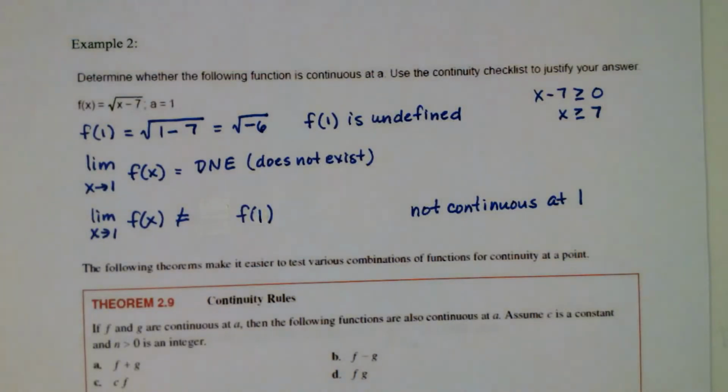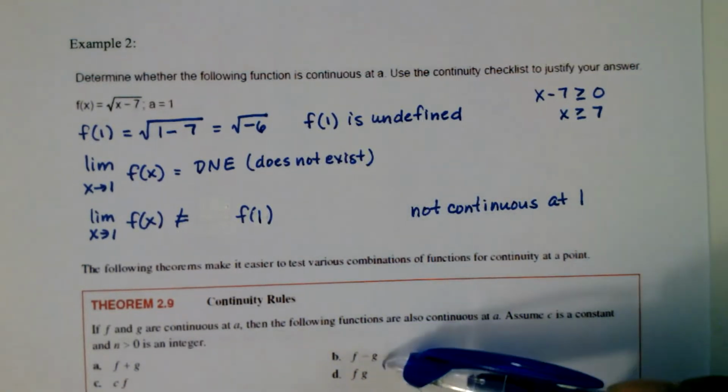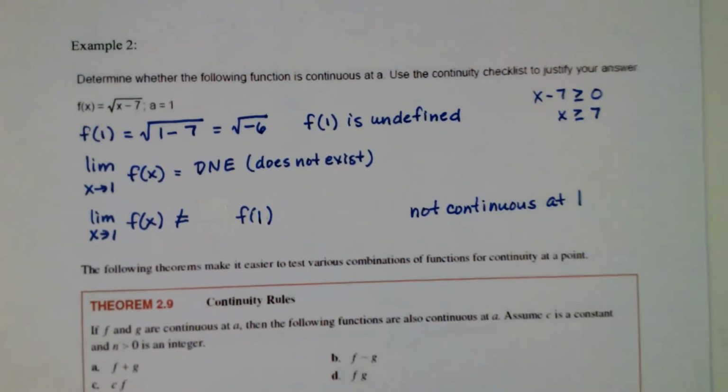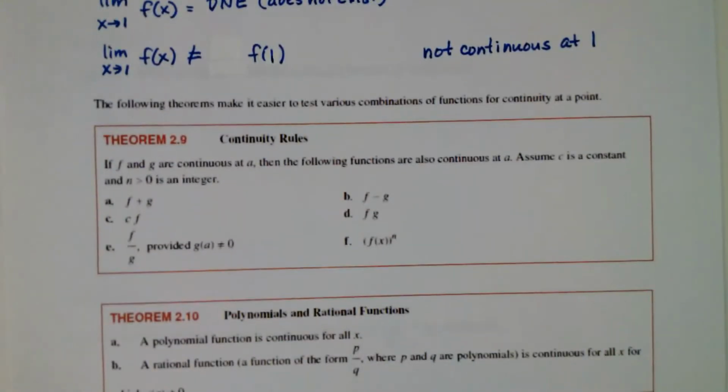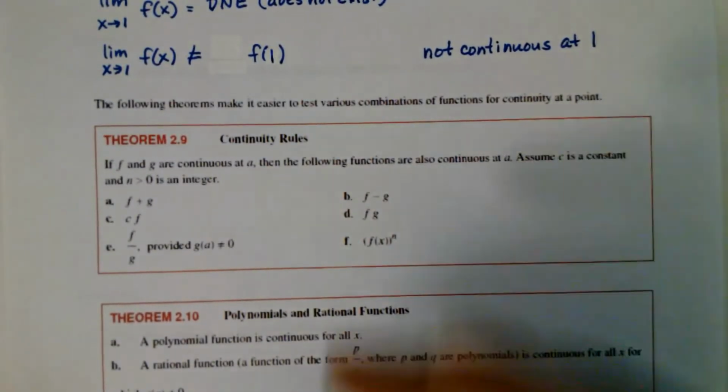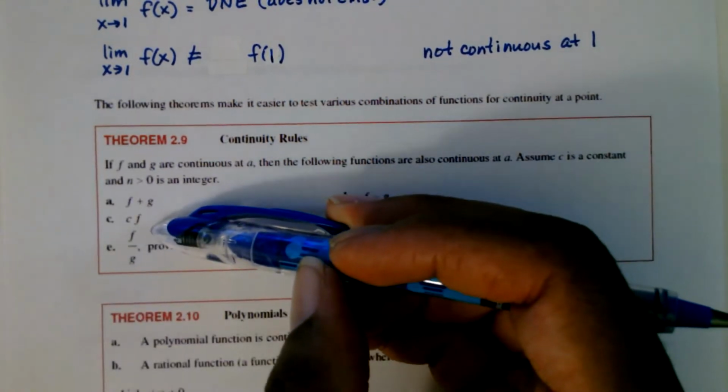I'll just read off what this says here. If f and g are continuous at a, then the following functions are also continuous at a. Assume that c is a constant and n is greater than 0 and that it is an integer. So the sum of f and g, that's the sum of 2 functions. The difference of 2 functions, f minus g. The product of some constant times a function.